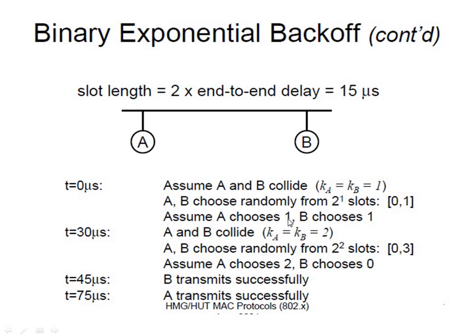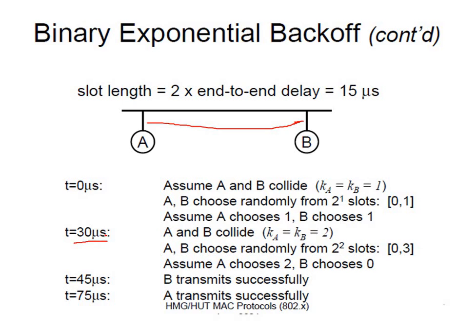Assume that A chooses 1 and B also chooses 1. Now here, 15 microseconds is the propagation delay time between the two stations. So 2 into 15 comes out to be 30 microseconds.